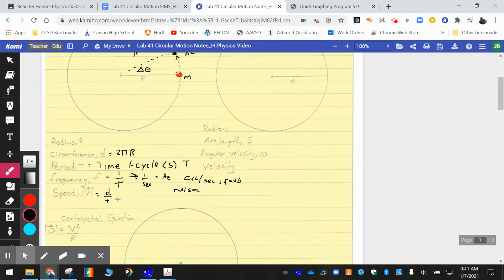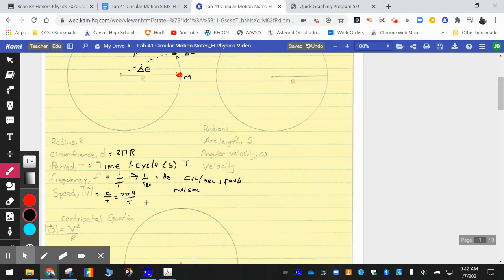In this case, the distance will be 2 pi r divided by T. So this is how you find the speed of an object going in a circle. It's 2 pi r, that's for one revolution, divided by the period.